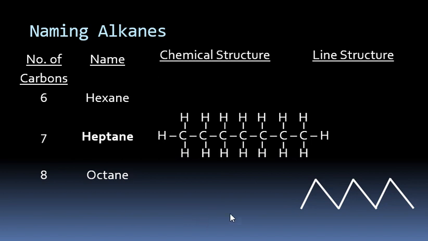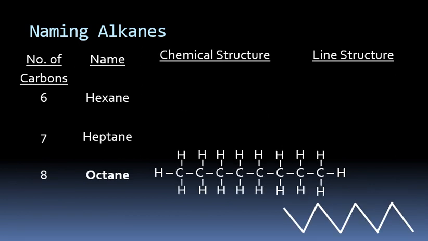And with heptane, if we're just going to write it as a line structure, then we can represent the carbons as 7 different points. So 1, 2, 3, 4, 5, 6, 7 points like so.